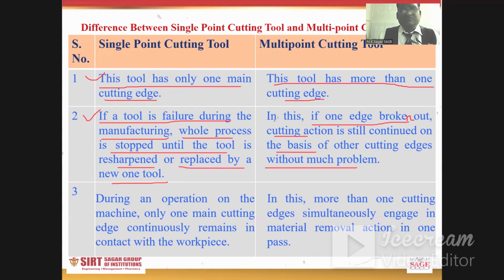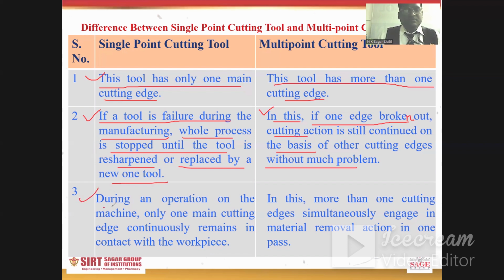So if we use multi-point cutting tool, we have the advantage that if any one of the cutting edges fails, the remaining cutting edges will continue the operation, and the operation will not stop. Our process will be continued. But in case of single point cutting tool, we have to wait for some time until the tool is resharpened or replaced by a new tool.